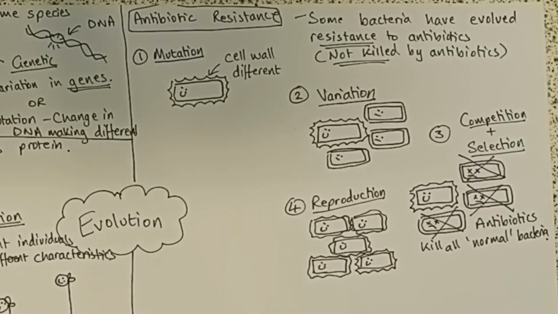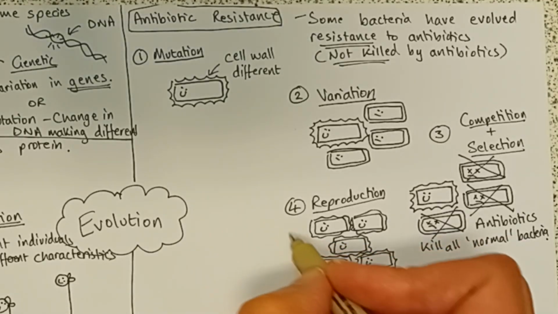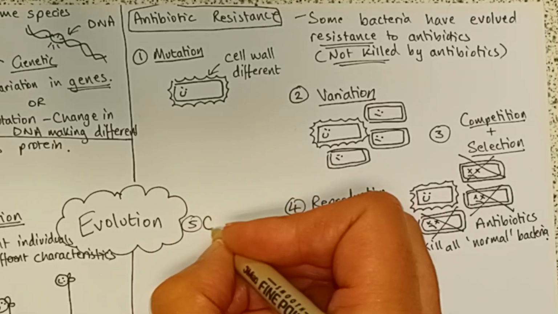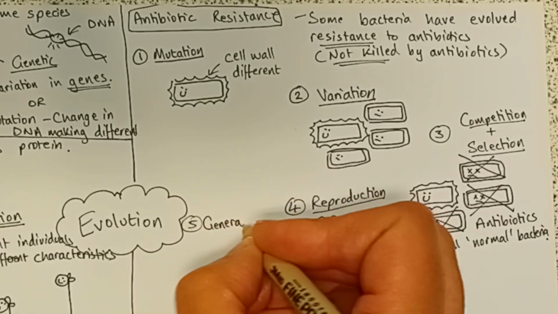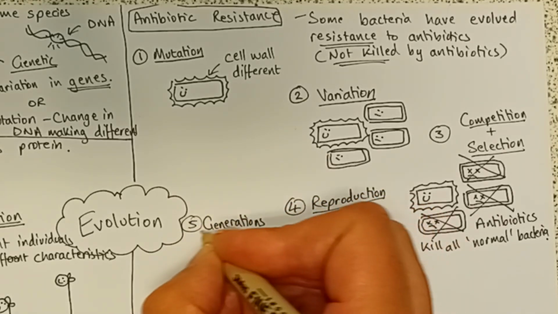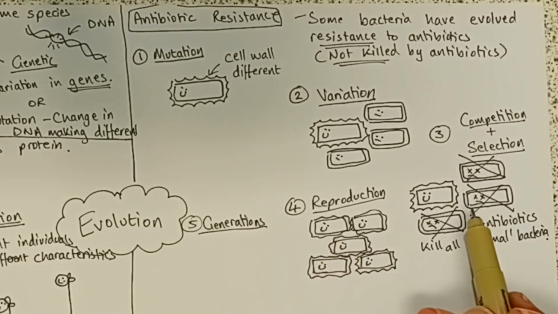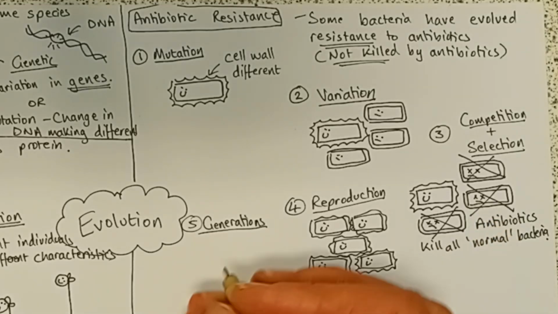So that's bad news for the person who's infected with these bacteria, but it's also bad news for everyone else on the planet, because over generations, in other words, over lots of time, bacteria can divide every 20 minutes. They will spread very, very rapidly, and they cannot be killed by that antibiotic.